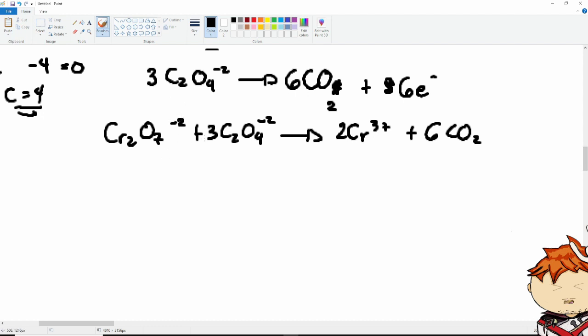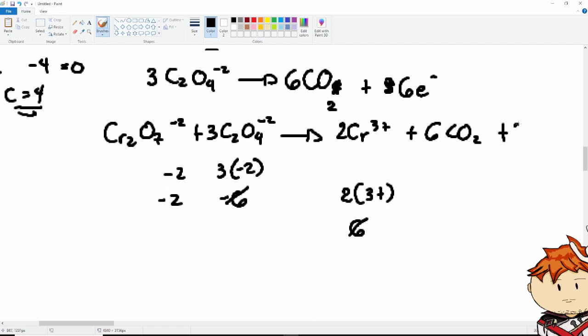Notice that the total charge for the left side: there's 3 negative 2, that means 3 times negative 2, negative 6. While on the opposite side, the total charge is 2 times 3 plus, so that's positive 6. The charge here is negative 2.